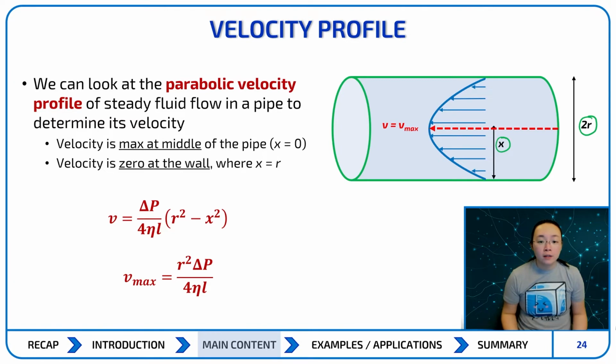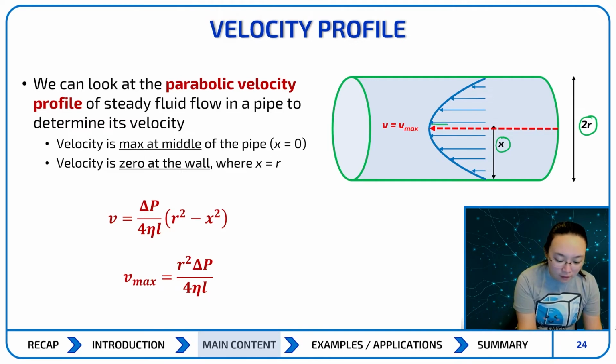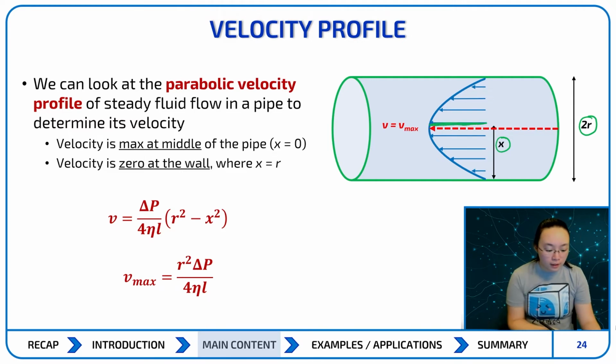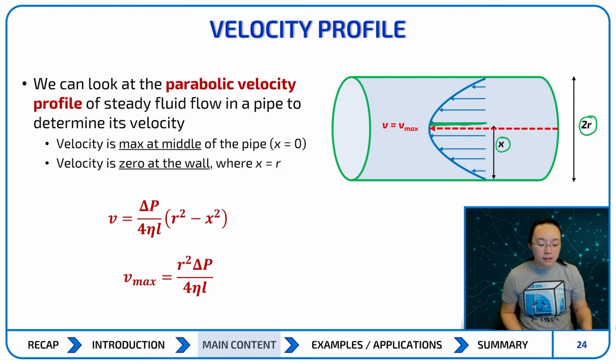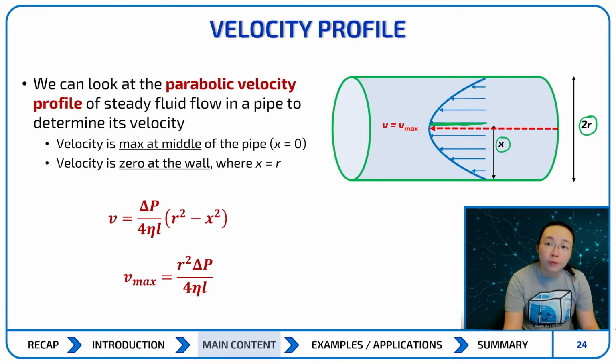If I were to calculate the velocity of fluid flow at any specific layer of fluid, I would use this equation and say v is equal to delta P over 4 eta L times r squared minus x squared. You can also say that in order to have a maximum velocity, you're going to have x equals 0, because x is the distance away from the central axis.